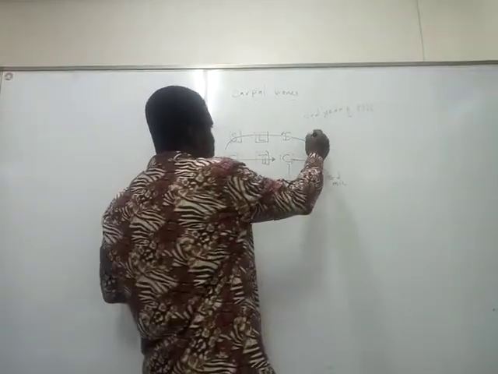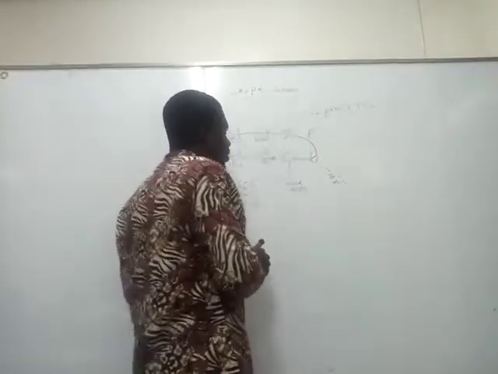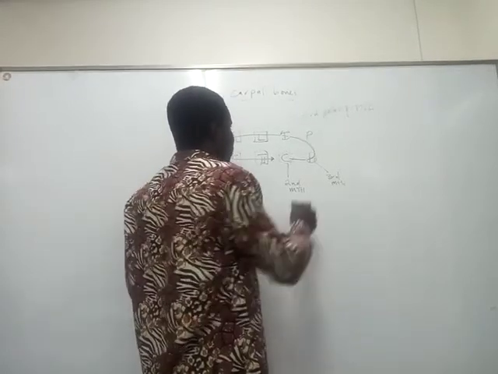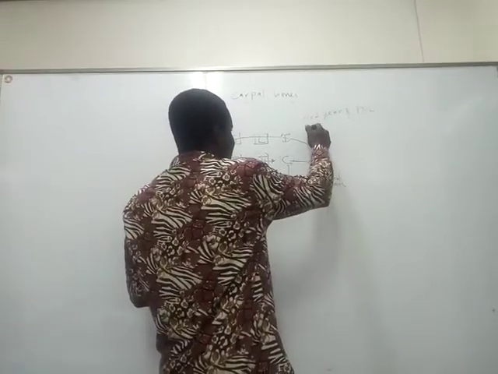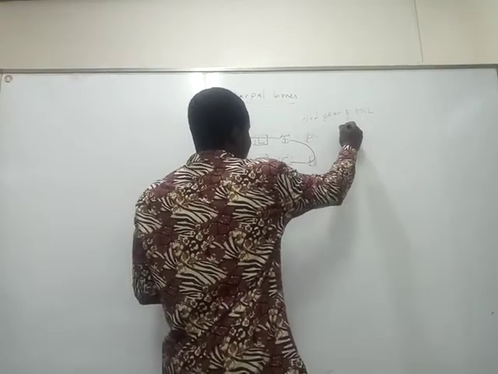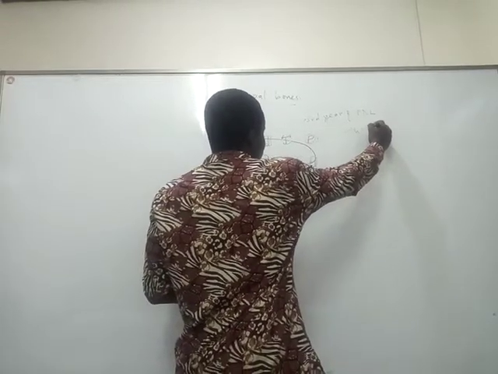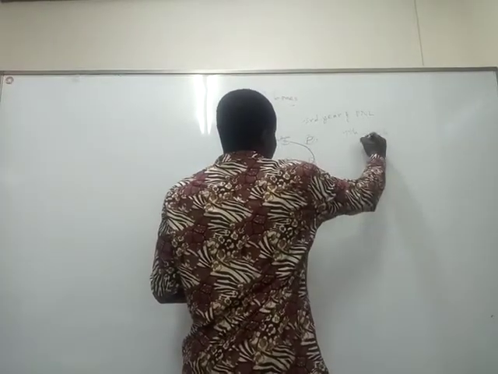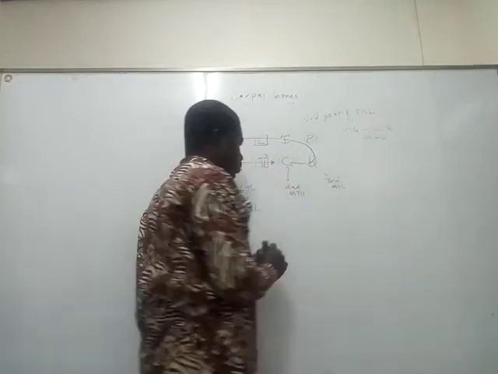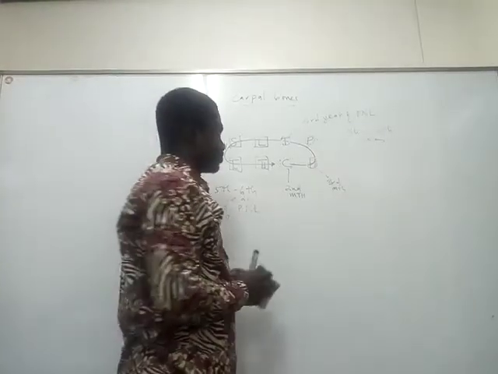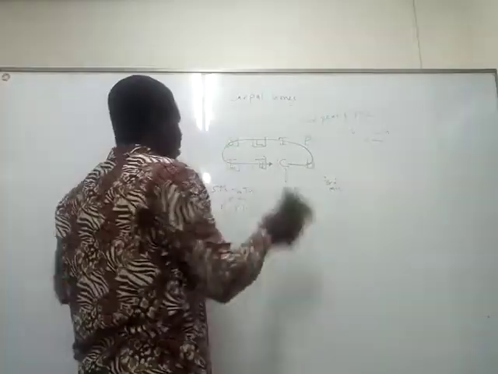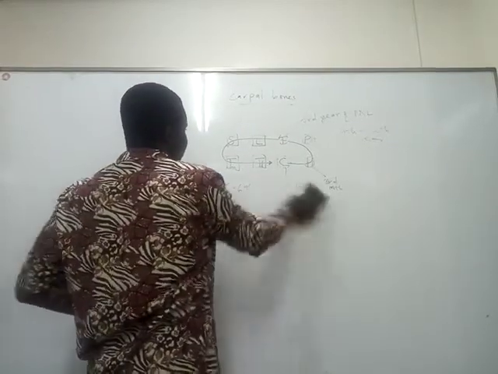Now the pisiform is actually a sesamoid bone and is the last to ossify, and it gets ossified by the 9th to 12th year, of course, of postnatal life. Okay, so that's the ossification we looked at.